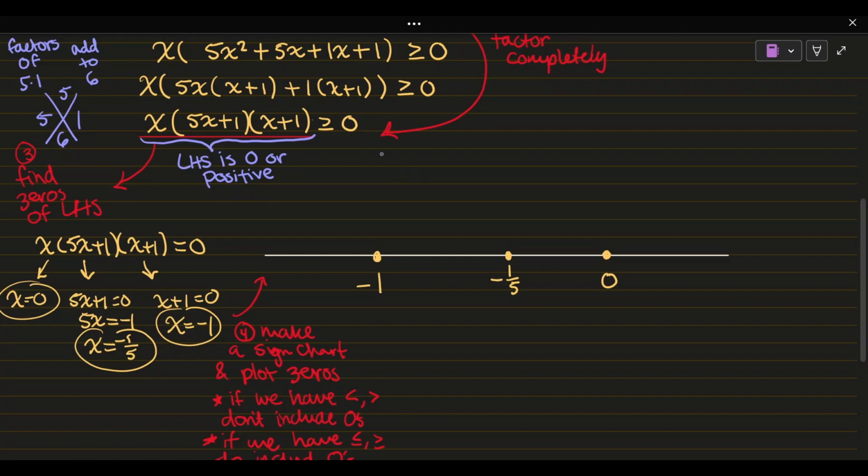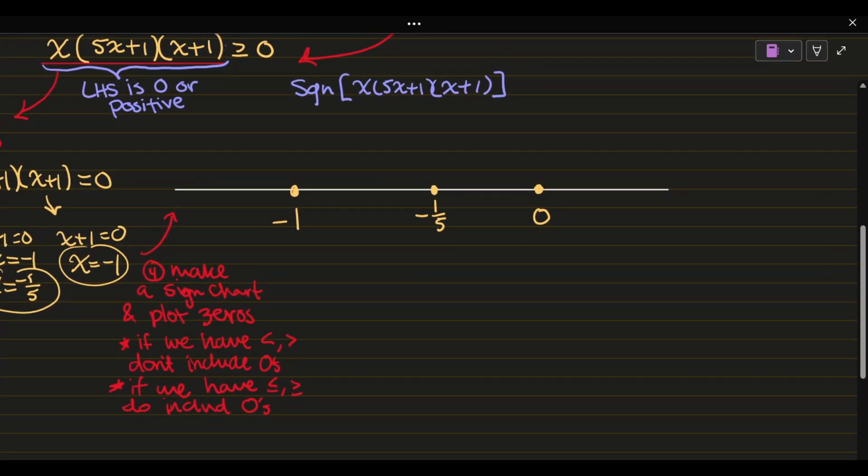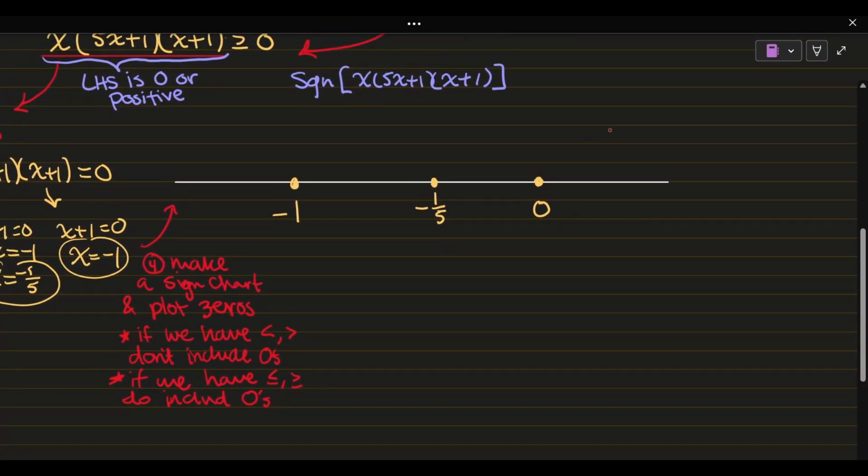So what we're doing here is we're looking at the sign of x times 5x plus 1 times x plus 1. And we gotta pick some test values between our zeros now. So I guess our fifth step will be to pick test values.